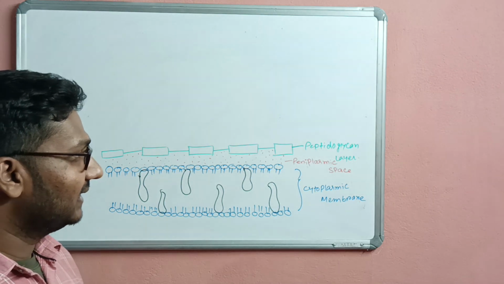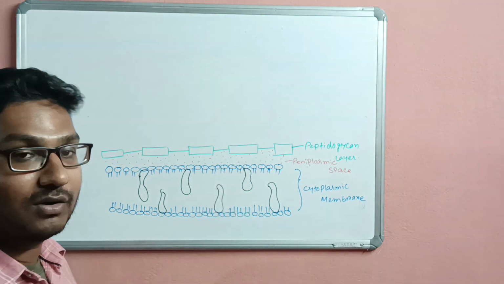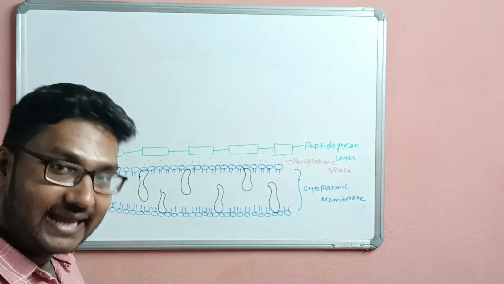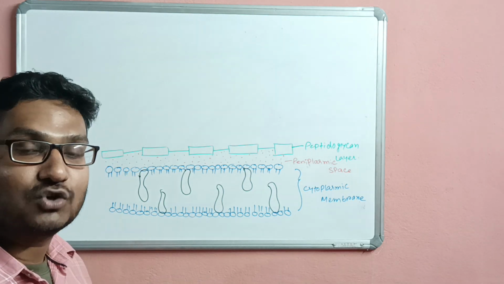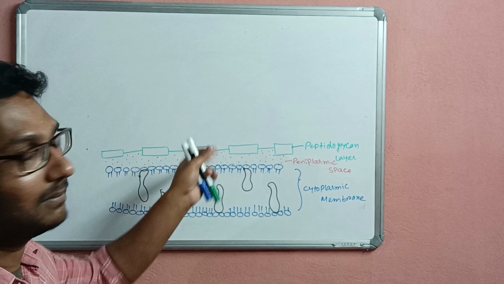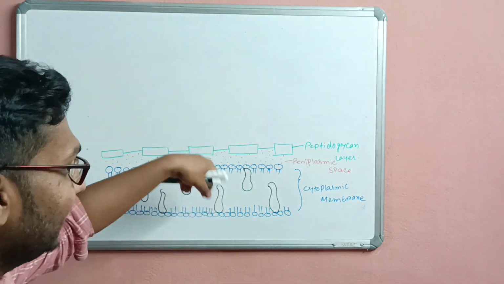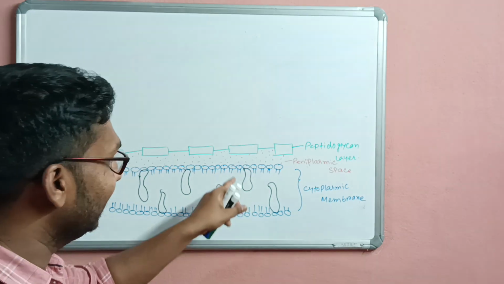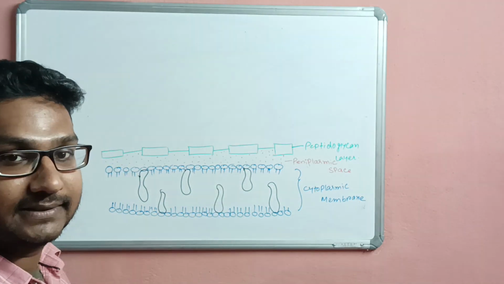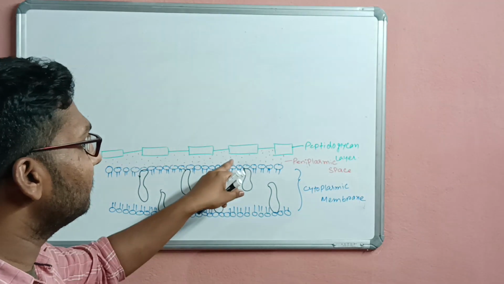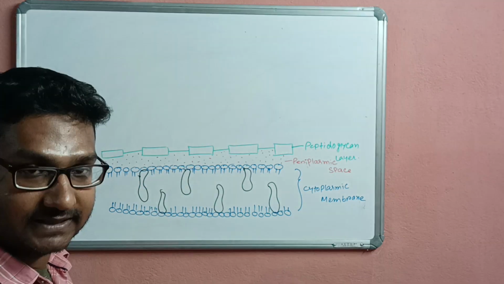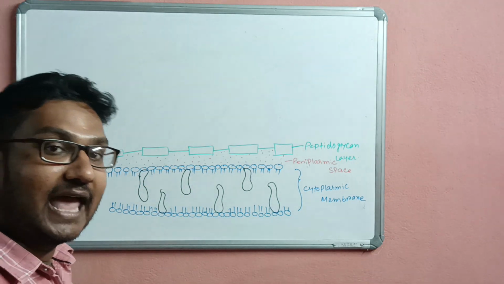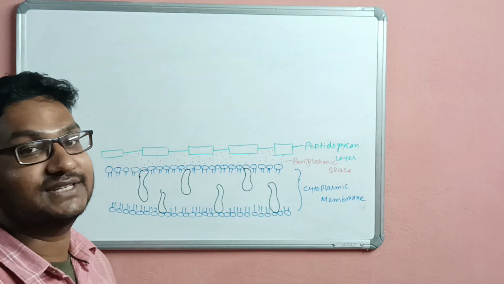So if any chemical compound, any other material or solute molecule passes through the bacterial cell wall and enters this periplasmic space, it will easily be degraded. This is the main function of the periplasmic space: it contains many degradative enzymes.